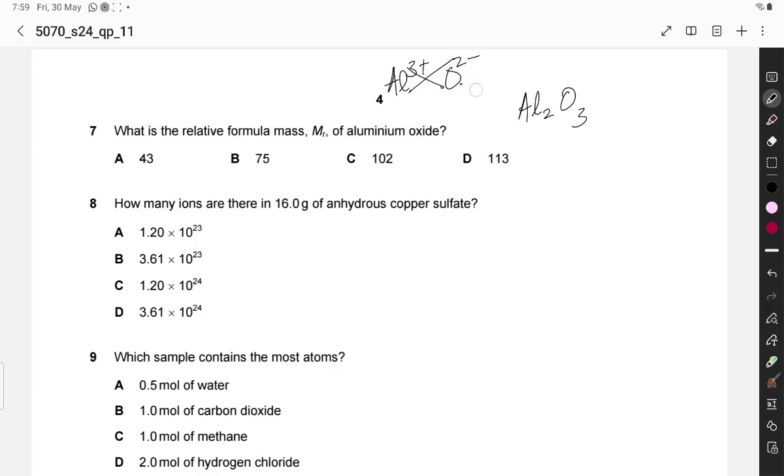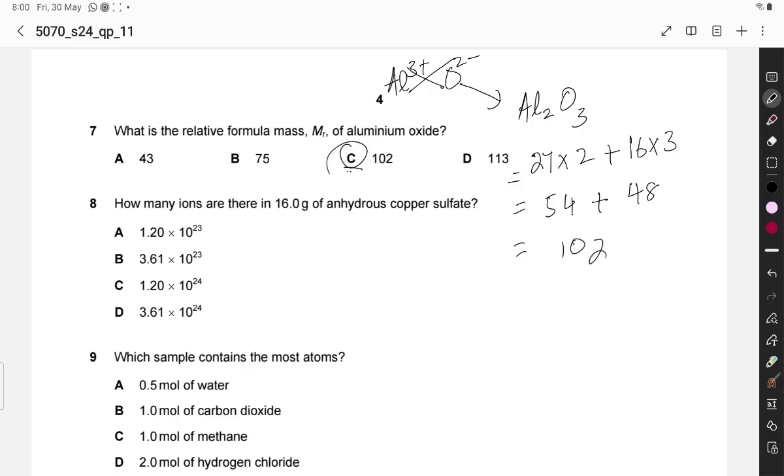Charges are cross multiplied to give this formula. Ar of aluminum is 27, so 27 into 2 plus 16 into 3, so this is 54 and this is 48, which is equal to 102. So C option is correct.